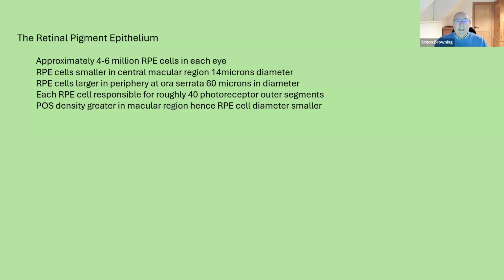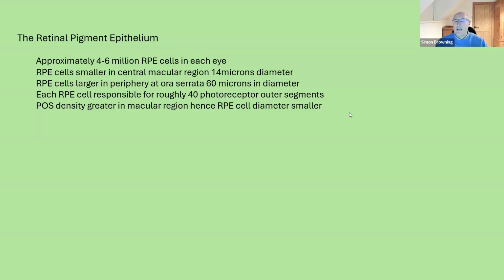So there's about 4 to 6 million retinal pigment epithelial cells in each eye. In the middle, they're much smaller. At the periphery, around the ora serrata, they're much larger, about 60 microns in diameter. But each retinal pigment epithelial cell, wherever it is, whatever its size, is responsible for about 40 of these photoreceptor outer segments that we've just shown you in here.